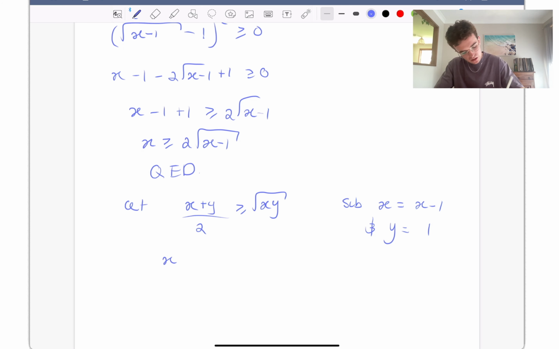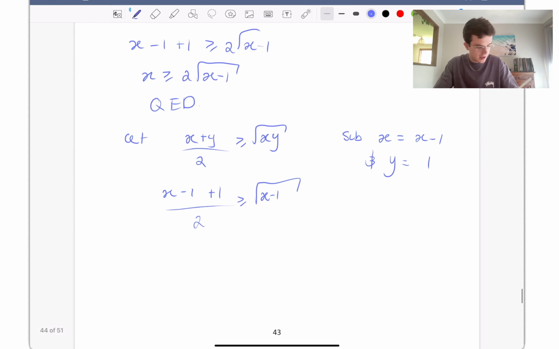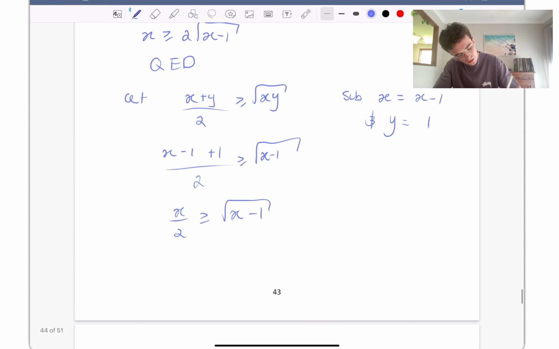So x minus 1 plus 1 on 2 is greater than or equal to the square root of x minus 1 times 1. So therefore x on 2 is greater than or equal to the square root of x minus 1. So x is greater than or equal to 2 root x minus 1. I prefer that method there for this question.